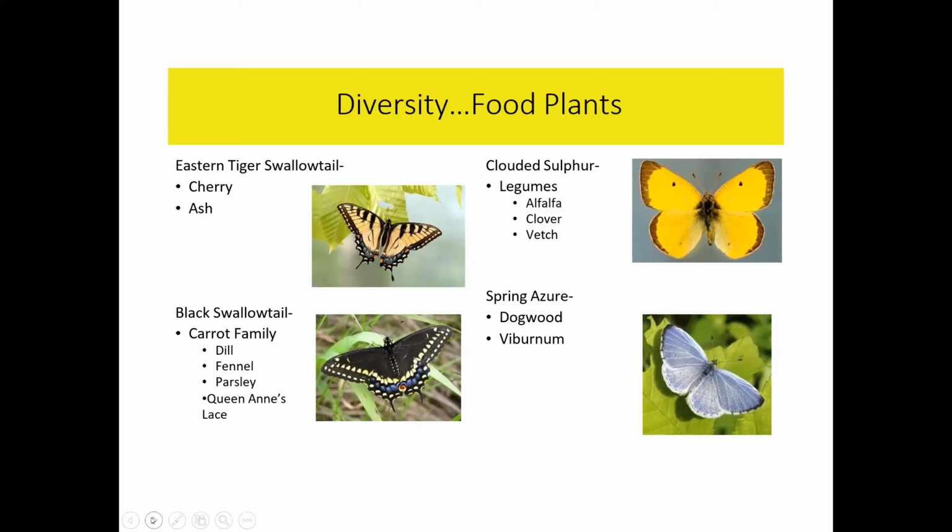The clouded sulfur prefers legumes, so anything in that leguminous family: alfalfa, clover, vetch. A lot of these, especially vetch, are considered weeds, and clover is considered a weed of lawns. We threw clover out of lawns about 30 years ago, and it's a very good species for pollinators.